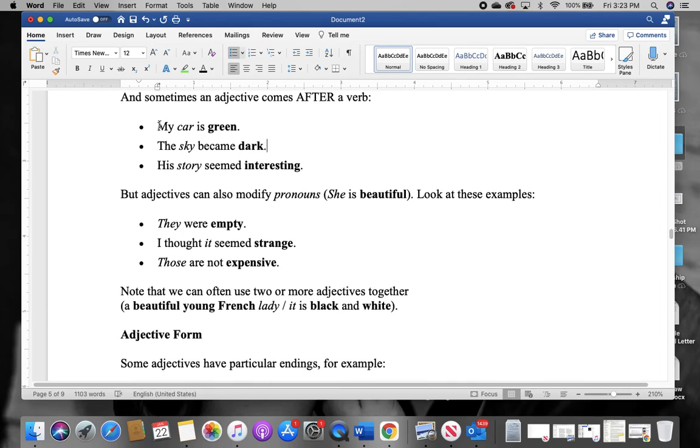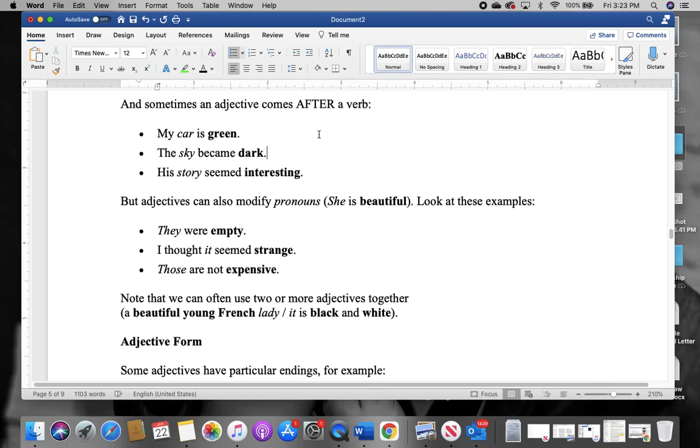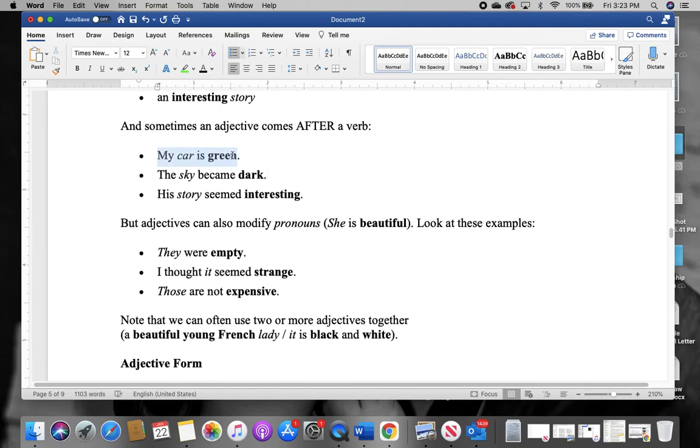And what's important to note here is that these sentences, the independent clauses, would not be complete but for the adjectives. So even though we have the subject, car, if you think about the grammatical subject, I know we've got my here, a pronoun, and we have car, and we have is as the verb.